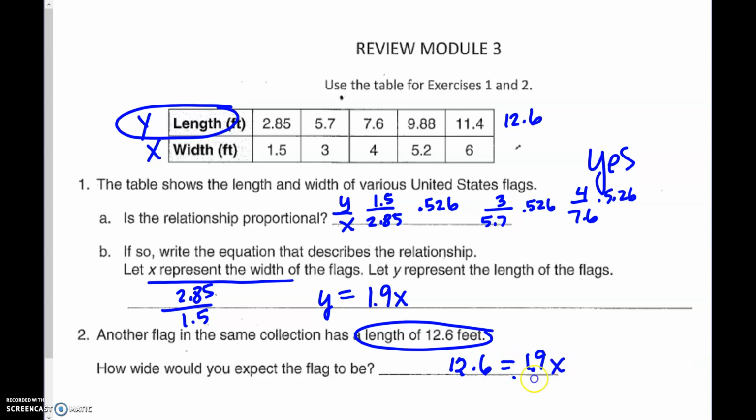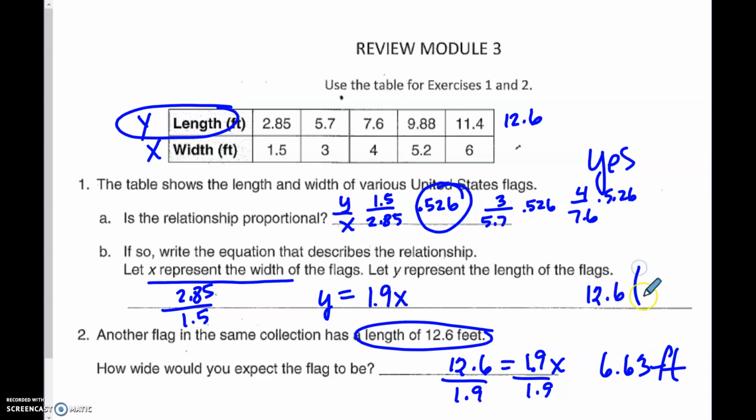So now to find that width, I have to divide both sides by 1.9. So if you take 12.6 and divide by 1.9, we get 6.63 and our label would be feet. Now, if I did it the other way and used the ratio, if you take 12.6 times 0.526, we get the same answer. It rounds to 6.63 feet.